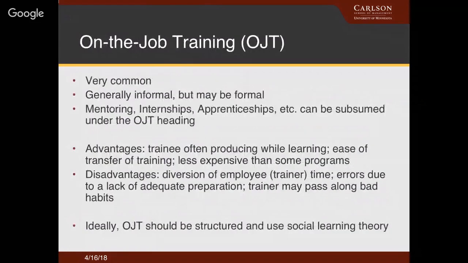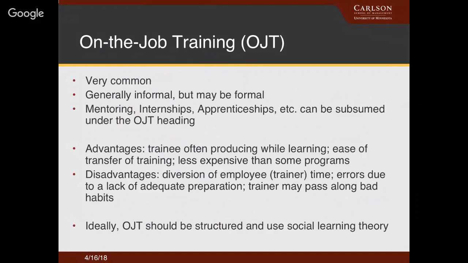The next slide covers on-the-job training, which is probably the most widely used informal method of training. So when we talked in class about the various 70-20-10 models, a lot of people use the 70% in that model to represent on-the-job learning. This is very common and generally relatively informal, but it may be formal.